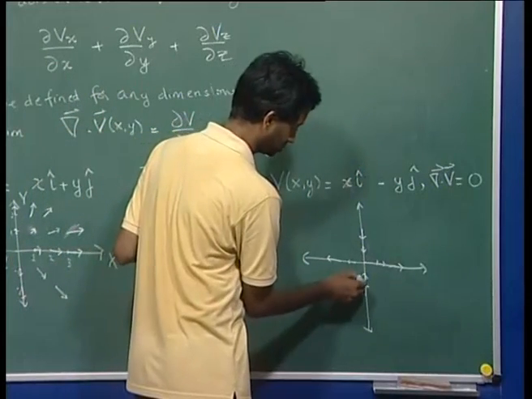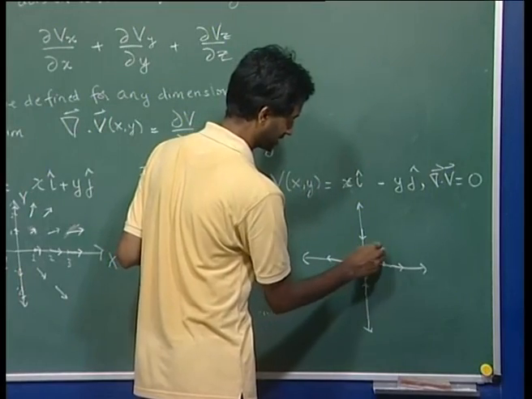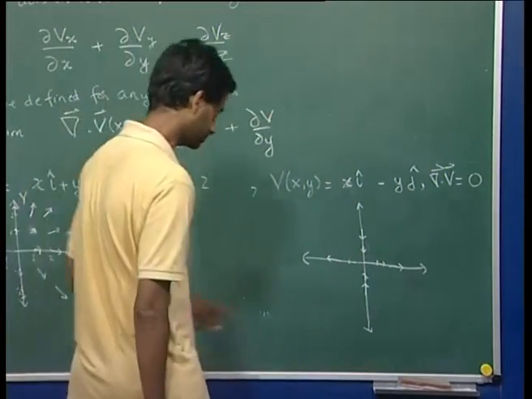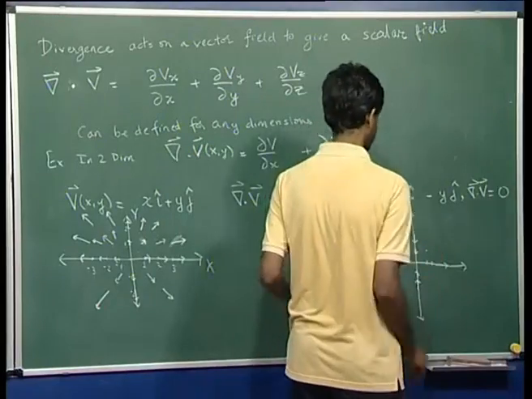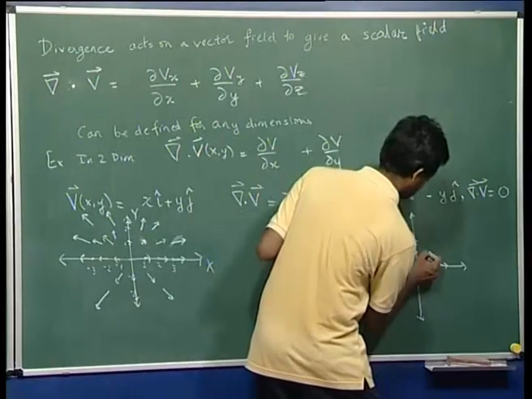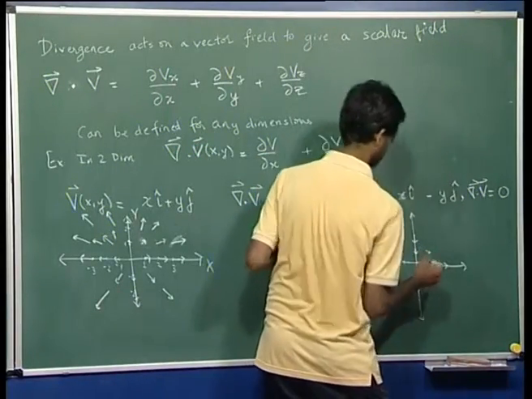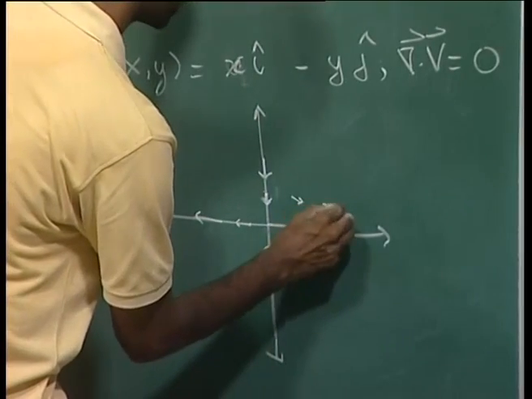And if you look, let us say, at x equal to y. So, at x equal to y equal to 1 in this point, you can easily see that it points along x minus y. So, it points along this direction. Similarly, if you go to this point, it will point along this direction.